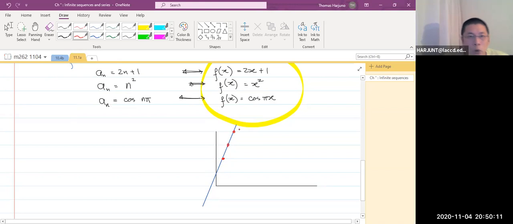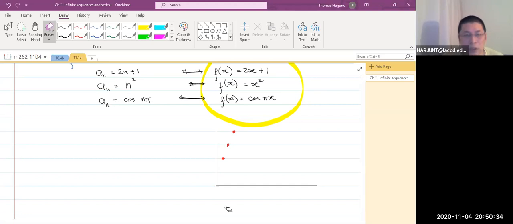So later on, when they tell us to graph a sequence, you can first draw the continuous function, then plot the dots, and then get rid of the continuous one. In other words, the sequence must be points on that function. It doesn't have to be continuous, actually.